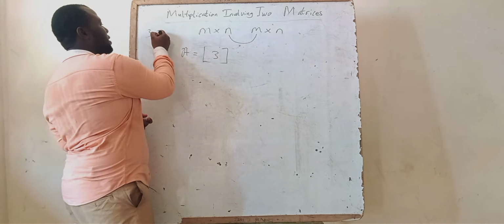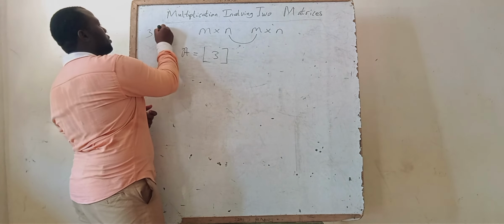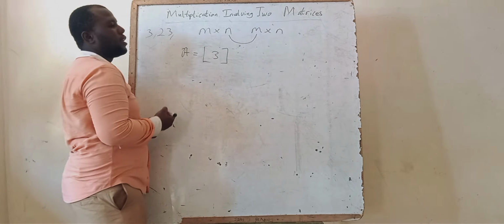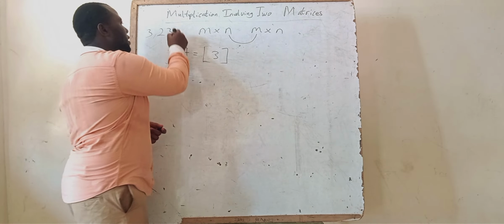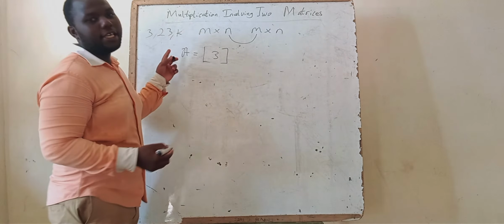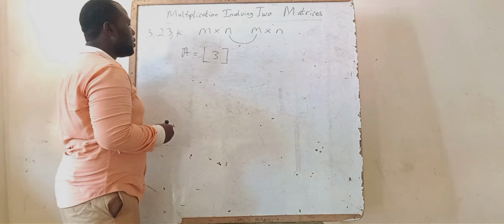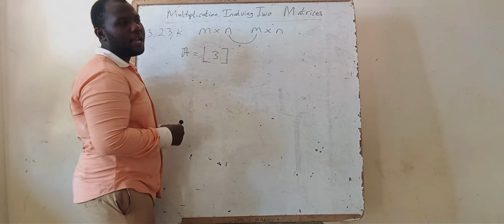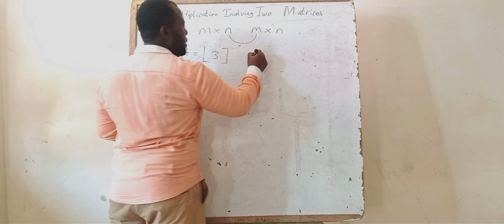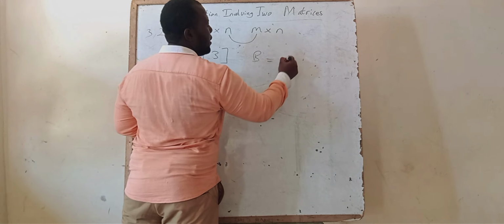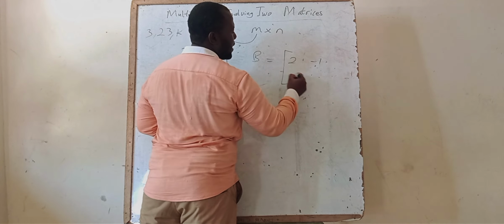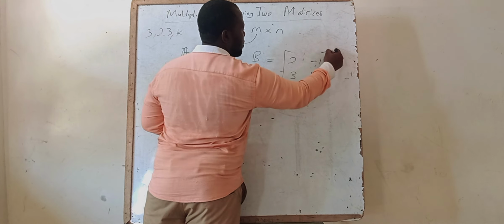Another example of a scalar is, let's say, 23. Or they can give another variable, maybe k, and they'll tell you k is a scalar. So maybe you have A being a one by one matrix. Then we also have another matrix, say B, and B is a two by two matrix. Maybe here is 2, negative 1, here is 3, here is 5.